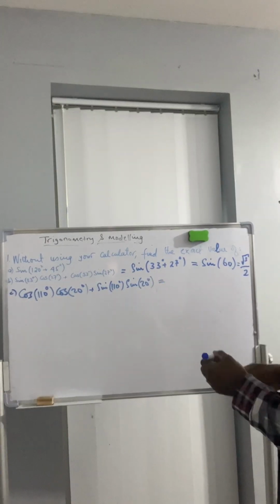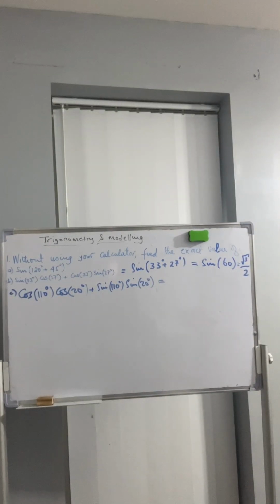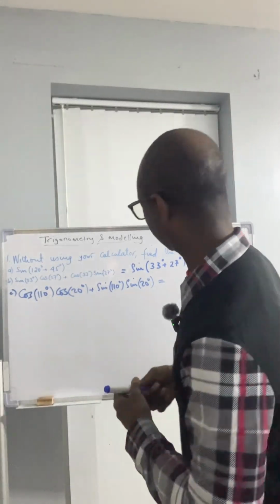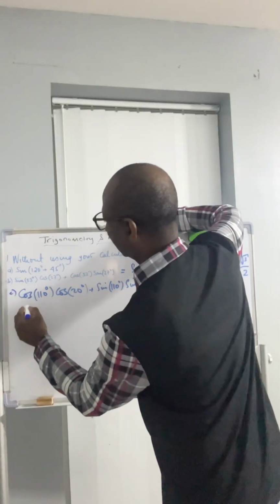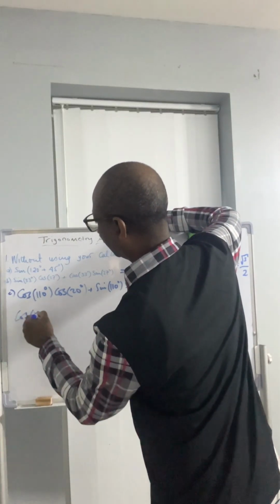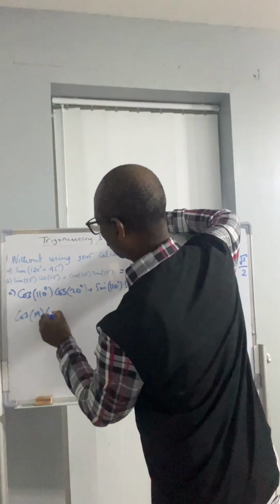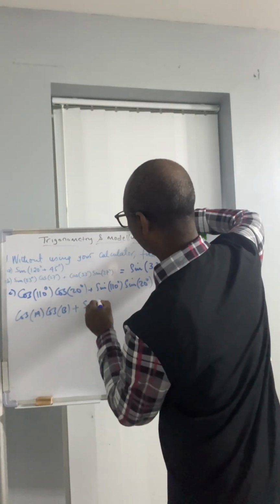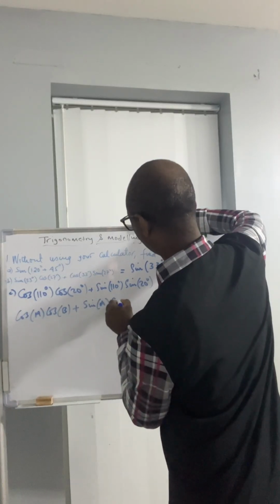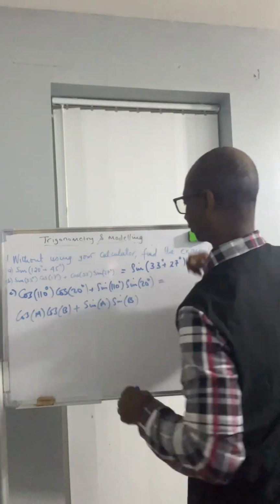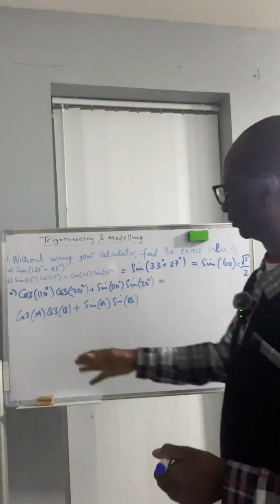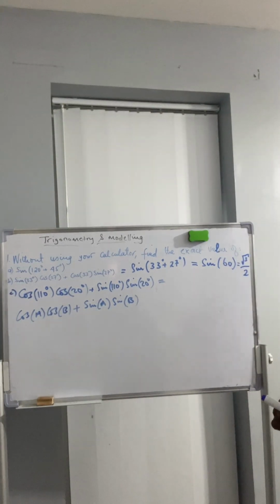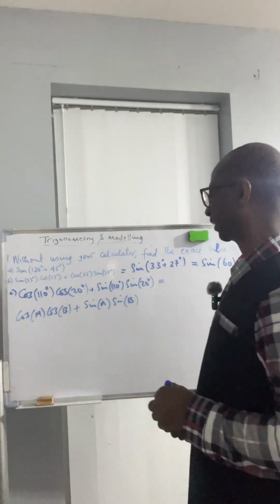Again, how do you go about this? When you have this, it's like saying cos A cos B plus sine A sine B. When you see this angle addition formula, what comes to your mind?